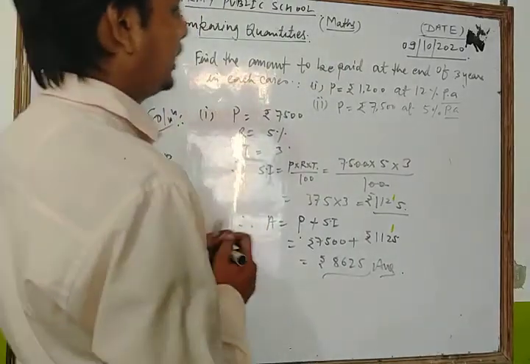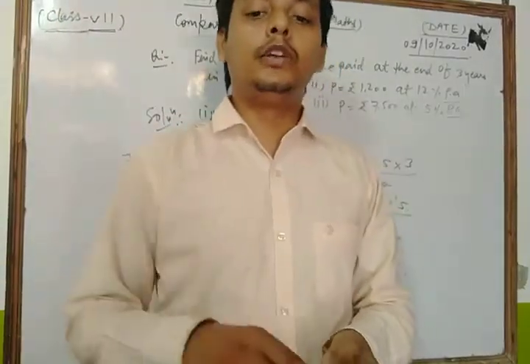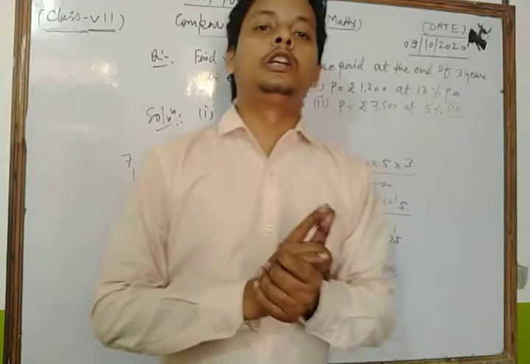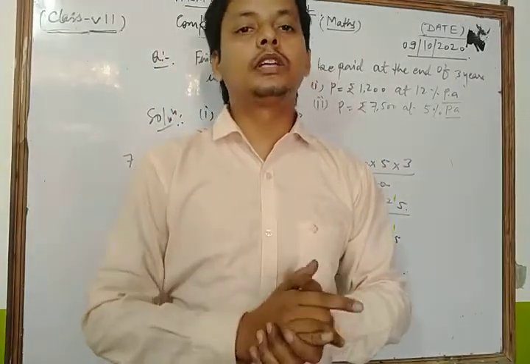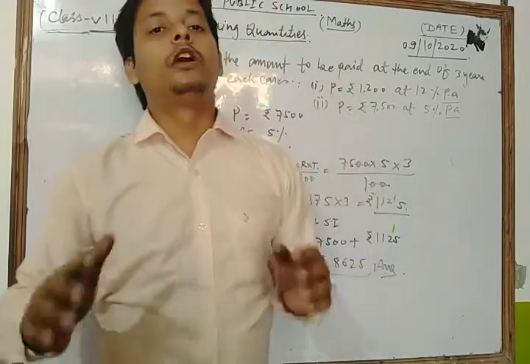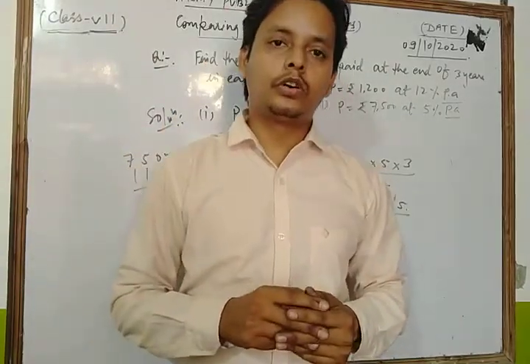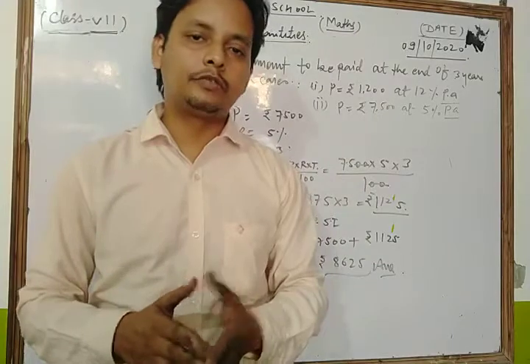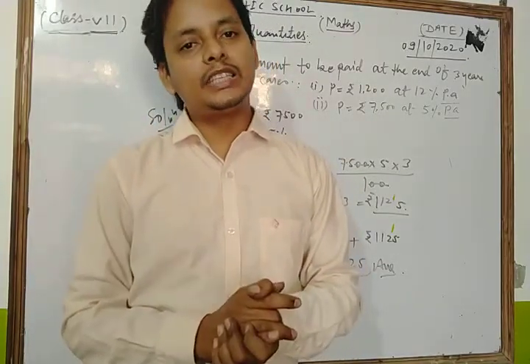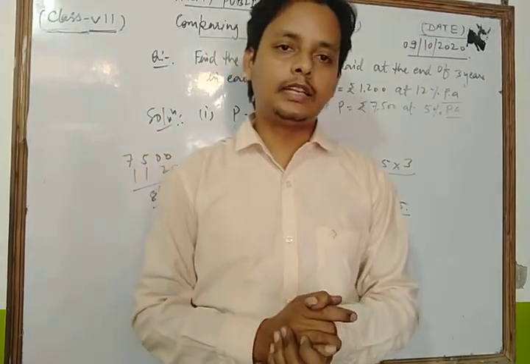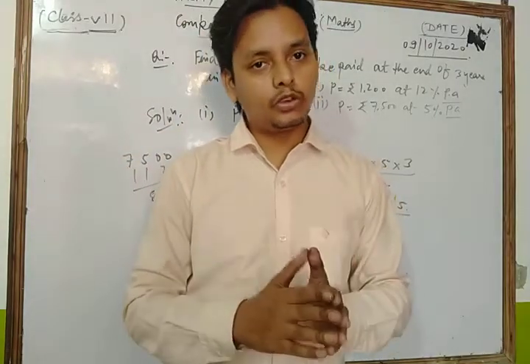Thus, dear students, in this way, in today's class we discussed all the topics related to profit and loss and questions based on simple interest or amount. Now, dear student, first of all, revise all the questions which we discussed in this class. After that, you can solve each and every question of your NCERT exercise based on these topics.